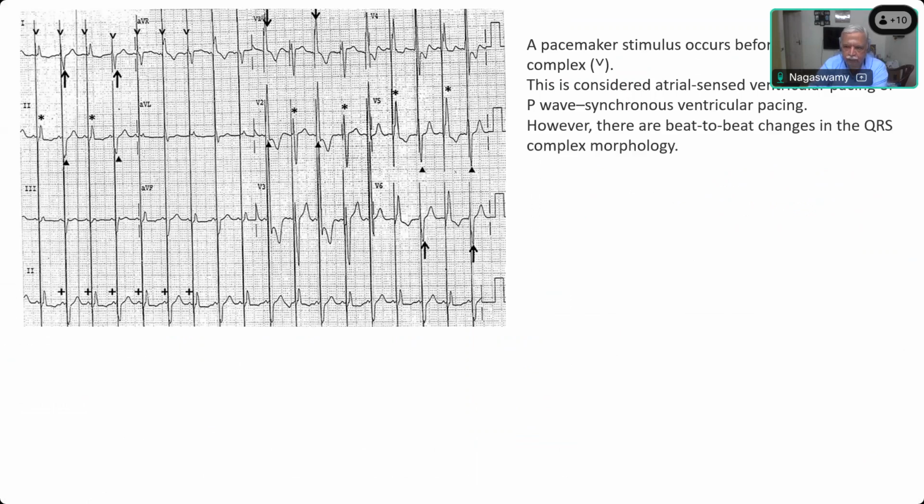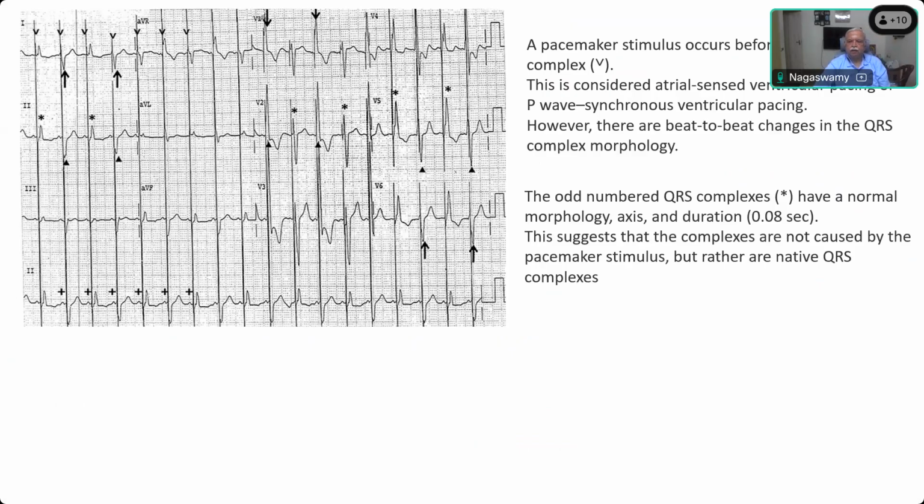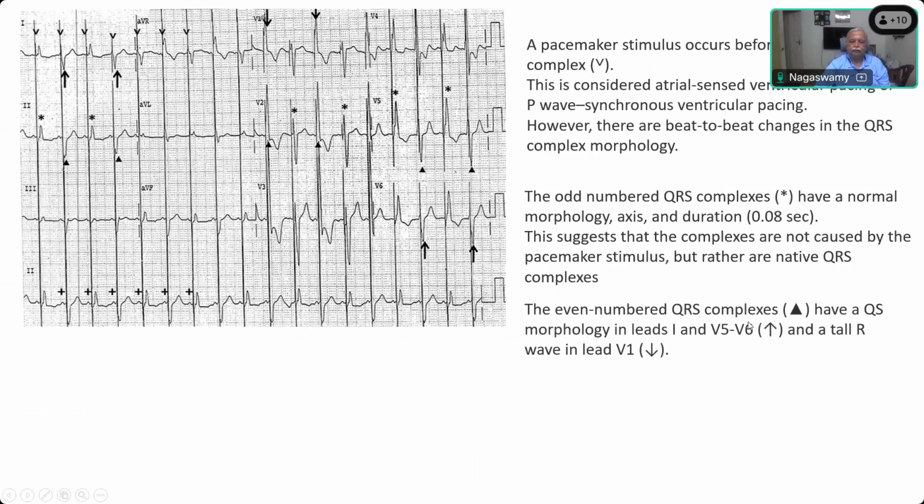However, there is a beat to beat variation in complex morphology. The odd numbered QRS have a normal morphology and a narrow duration. This suggests that these complexes are not caused by the pacemaker stimulus but rather are native QRS complexes. How to prove that? The star marks show the QRS complexes that are native.